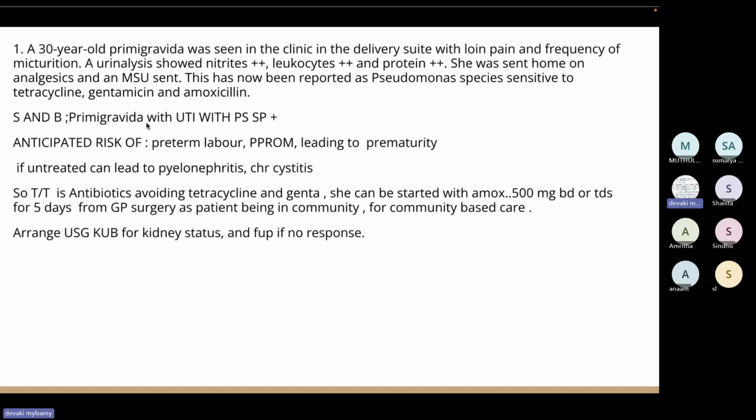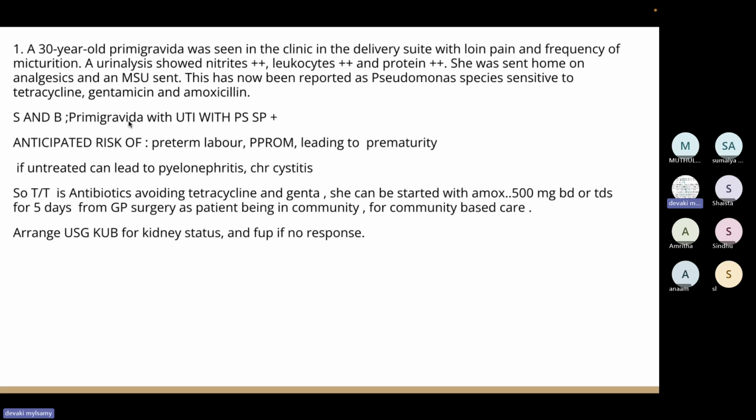So here in this case, my situation and background is primary gravida with urinary tract infection, pseudomonas species positive. So the anticipated risk, as rightly mentioned by you, is preterm labor, even PPROM. They are at risk of PPROM leading to prematurity. It is not low birth weight, it will be prematurity.